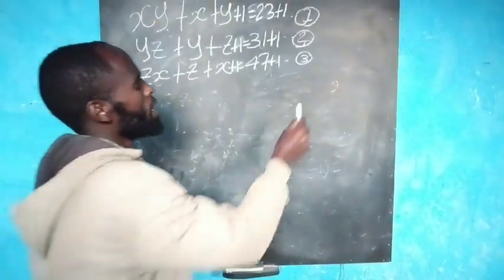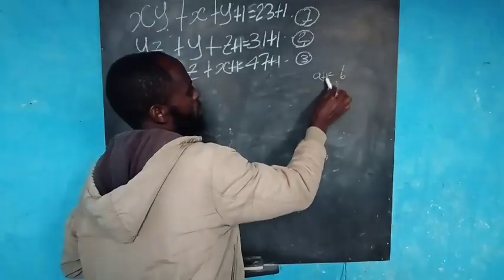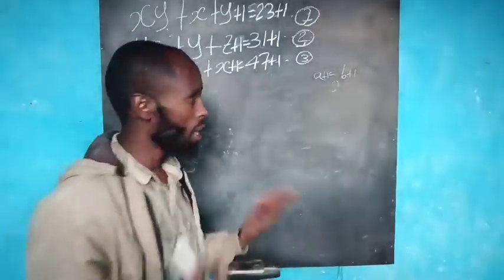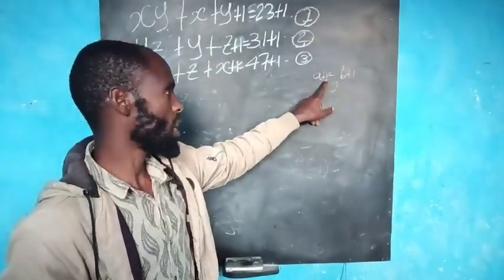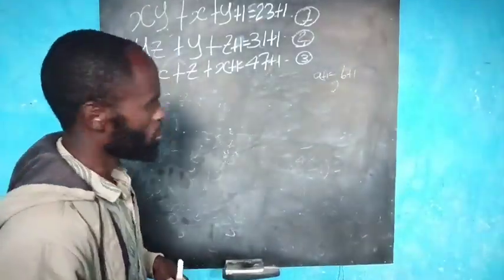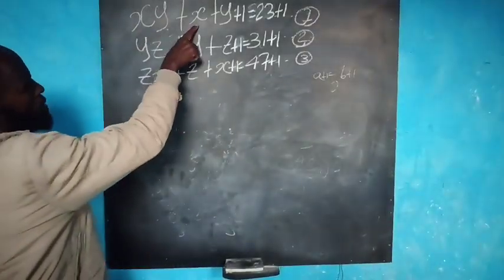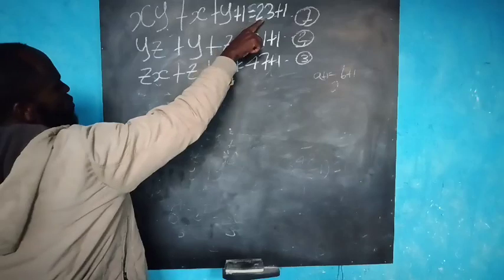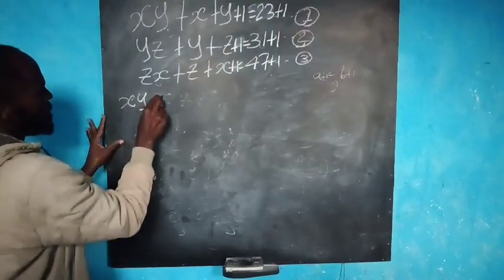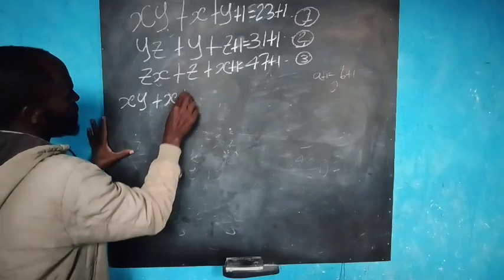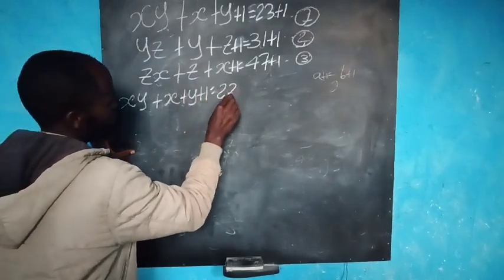If a equals b, then a plus 1 equals b plus 1, because we add 1 to the right and the left sides of both values. Now xy plus x plus y plus 1 equals 24.